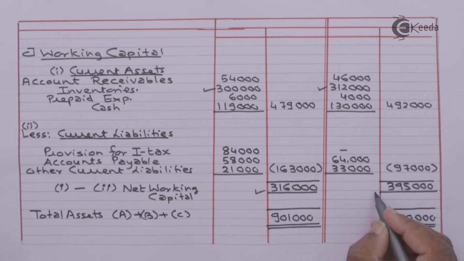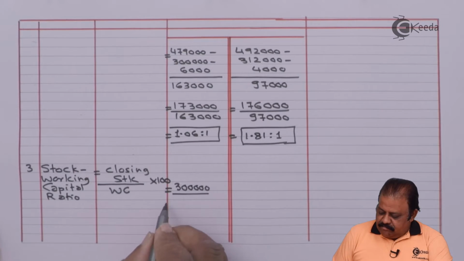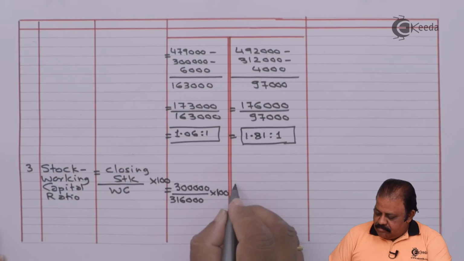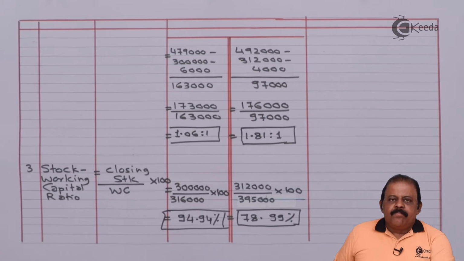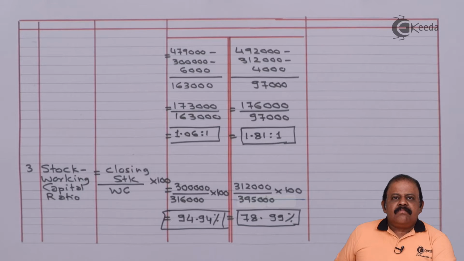For second year 3,95,000. Stock working capital ratio for first year 94.94%, and for second year it is 78.99%. It can be rounded off for first year 95% and for second year 79%.